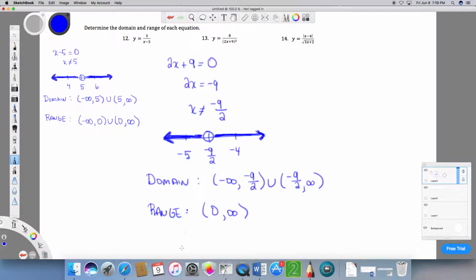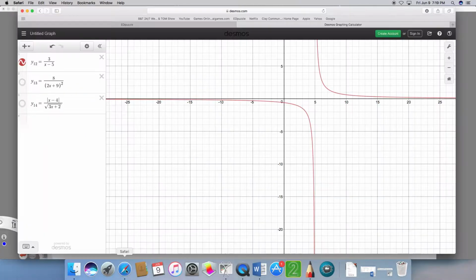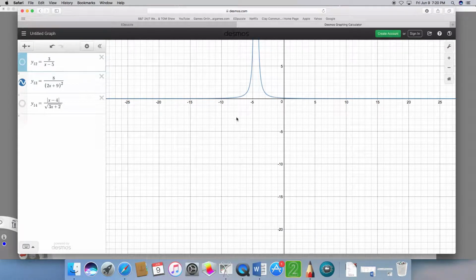All right, so let's go and look at that graph. So let's turn off the first graph. That's the nice feature of this, that you can toggle these on and off, so you don't have to necessarily delete previous problems. You can go back and turn it back on and maybe look at it a second time. So this graph is entirely above the x-axis. We suspected that because we knew that 8 is always going to remain 8 no matter what the value of x. So that's a positive number. And the denominator can never be 0. It's always going to be a positive number.